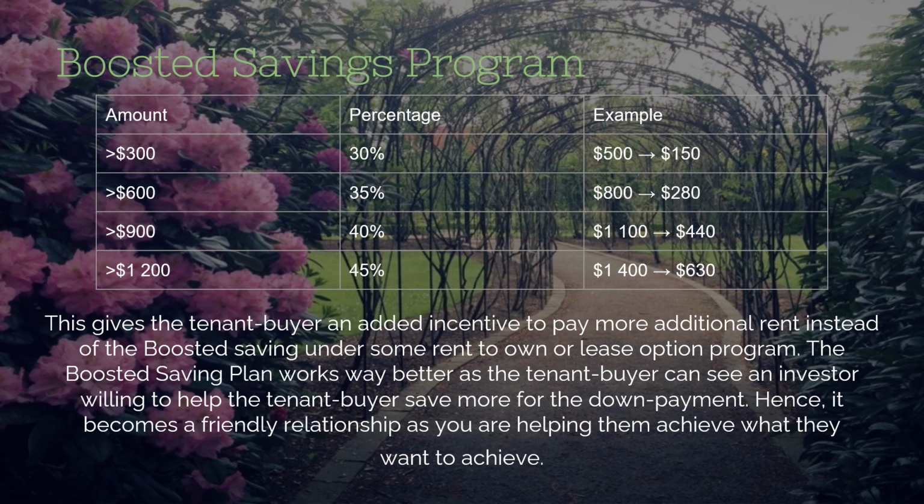And the beauty of this is that because you're receiving a lot of extra rent from the tenant, it helps with your qualification for your mortgages, because you have more income and more cash flow coming in. And it helps you purchase more properties. So overall, you win and they win.